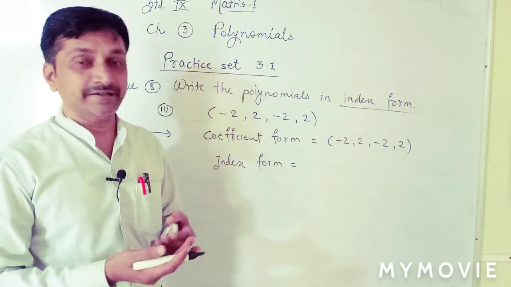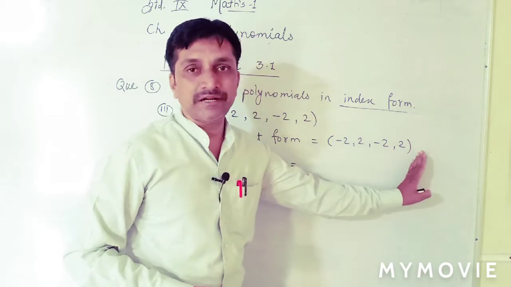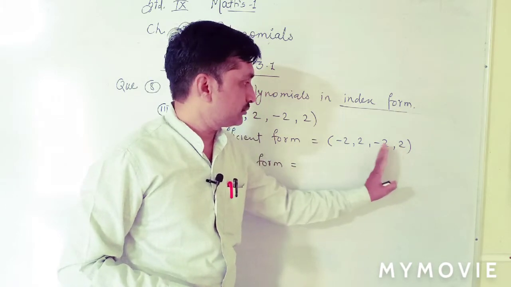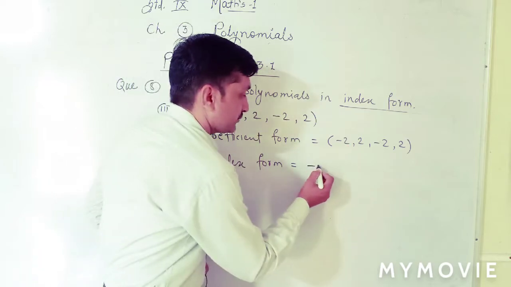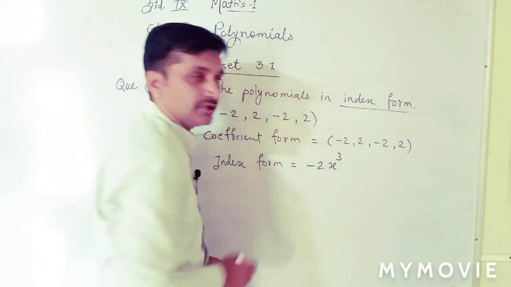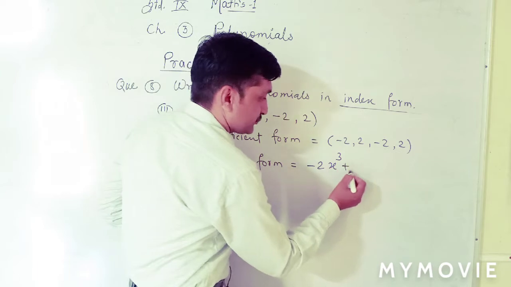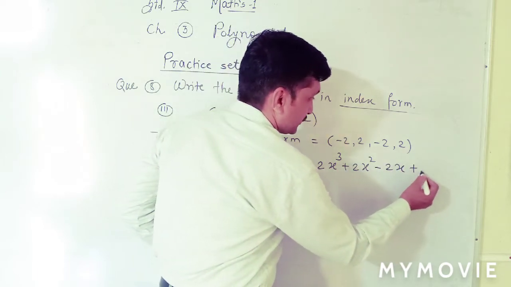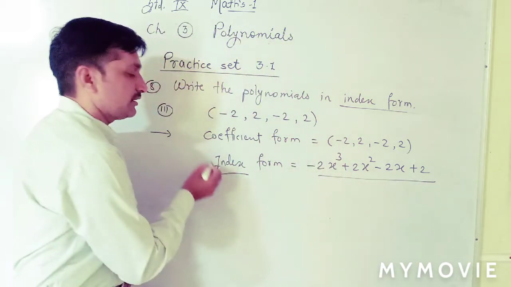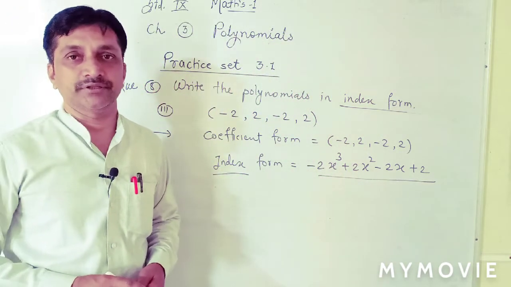Now we want the degree, and for degree count from the rightmost side: 0, 1, 2, 3, degree 3. Minus 2x cube, plus 2x square, minus 2x plus 2. This is the index form of this polynomial.